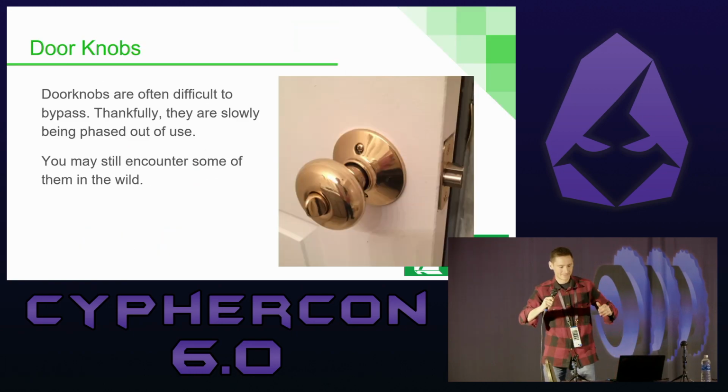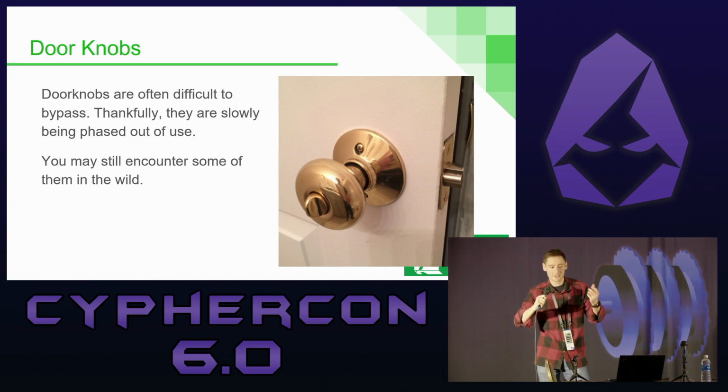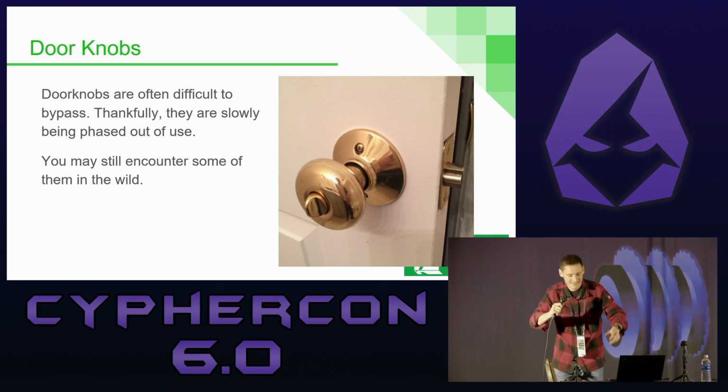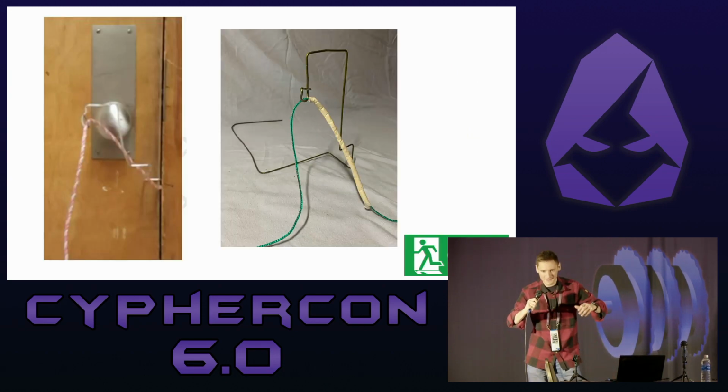Doorknobs are much less common now, in part because of fire code. If you don't have full dexterity in your fingers, it's really difficult to operate a doorknob, so we tend not to see them too often anymore. Great for pen testing, that they aren't common anymore. To get around this, it's quite cumbersome.